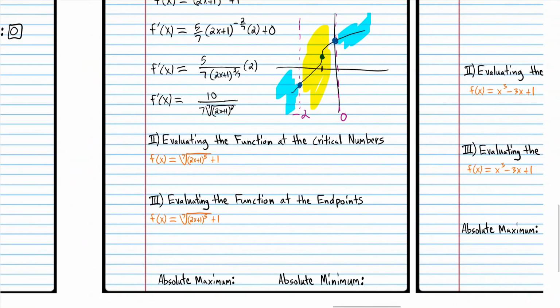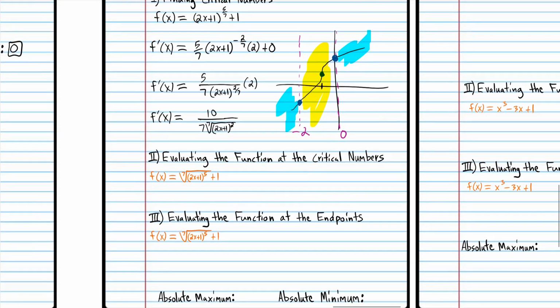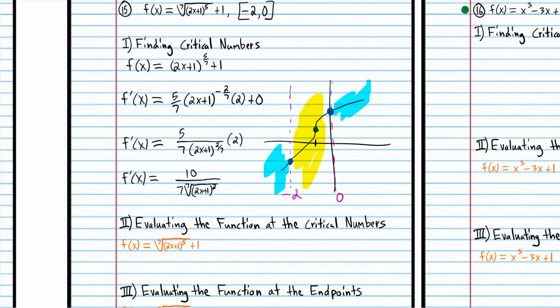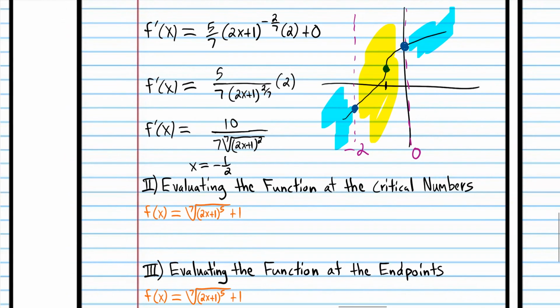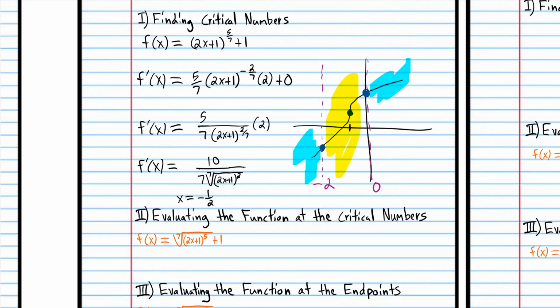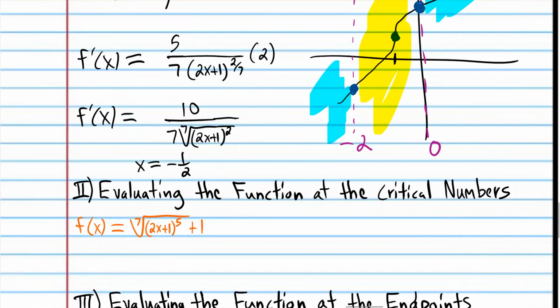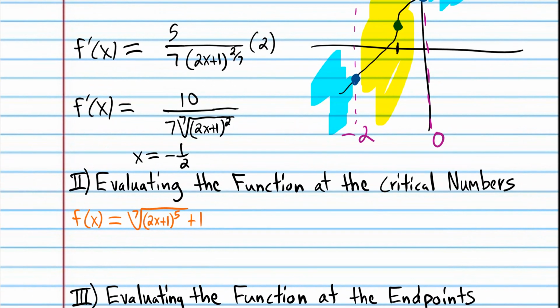So we need to figure out where this derivative is undefined, but we can see that that's just going to be where x is equal to -1/2. That's a critical number. Because if you plug in -1/2, the denominator becomes 0.